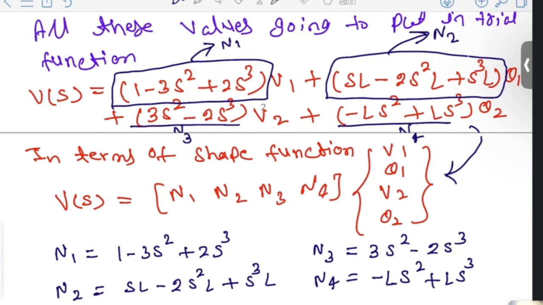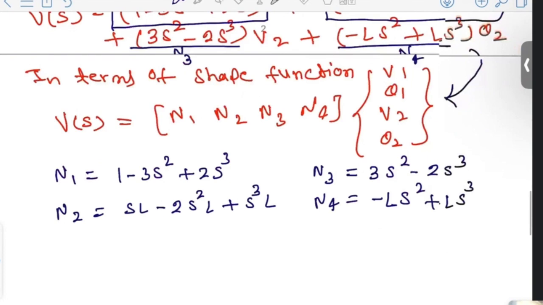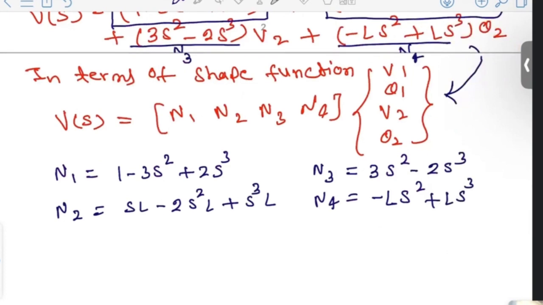Okay. Then what is nodal displacement? This is our nodal displacement. So what are N1, N2, N3?